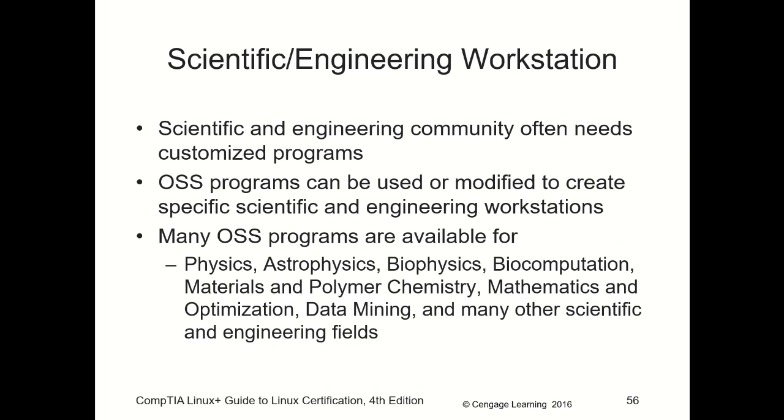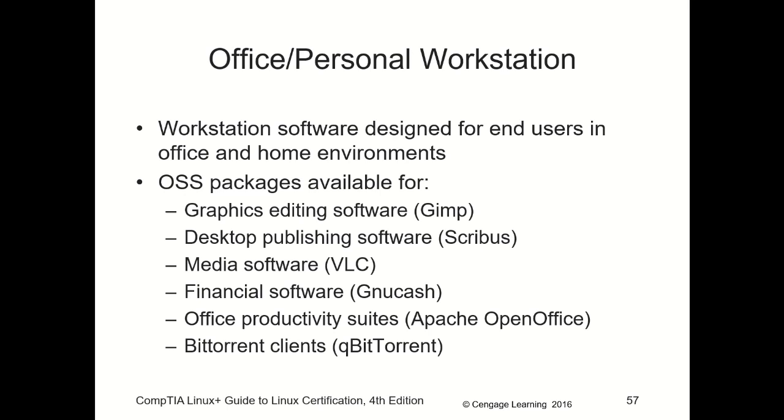Then the scientific or engineering workstation. The scientific and engineering community often needs customized programs. Open source software programs can be used or modified to create specific scientific and engineering workstations. Many OSS programs are available for different branches of science. You can have the office or personal workstation, with software designed for end users in office and home environments.